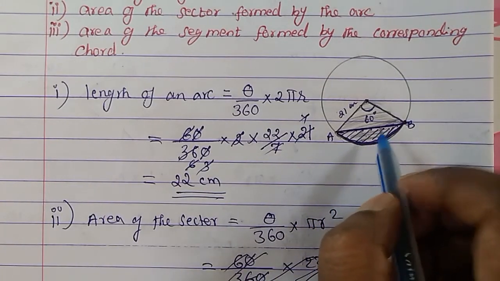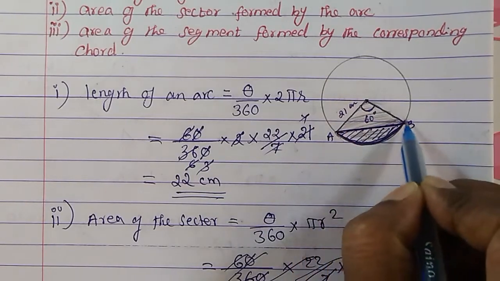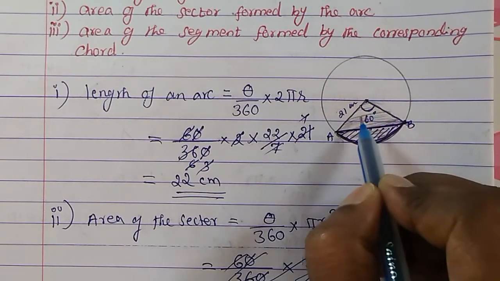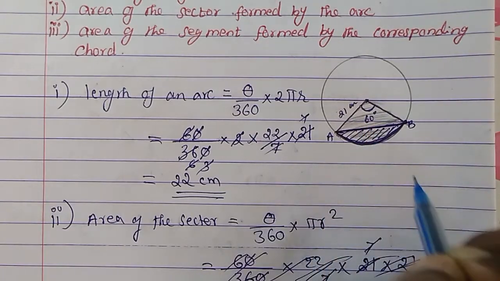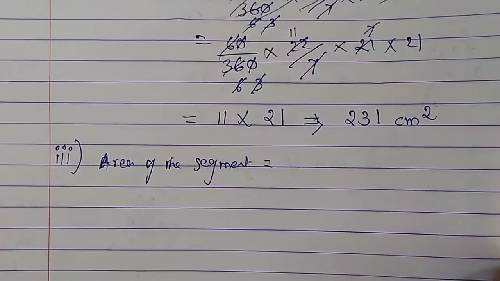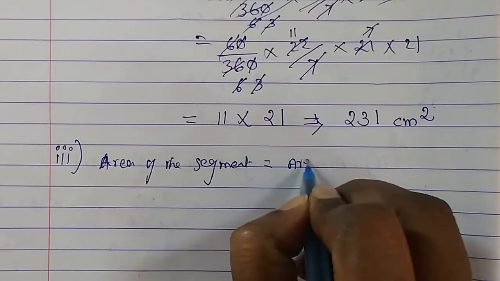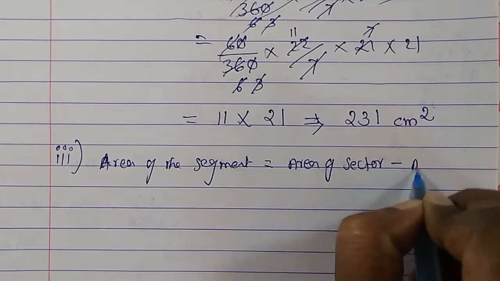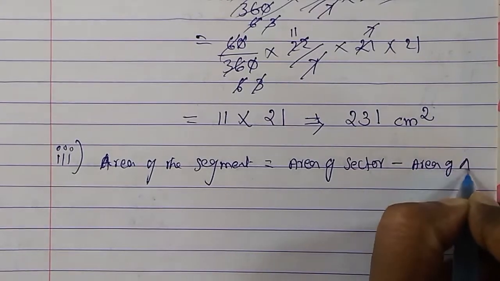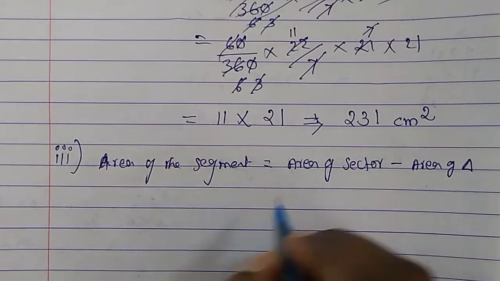For that, what we will do? From the area of the sector minus area of this triangle, we will get the area of the segment. So area of sector minus area of triangle, that will give us area of segment.